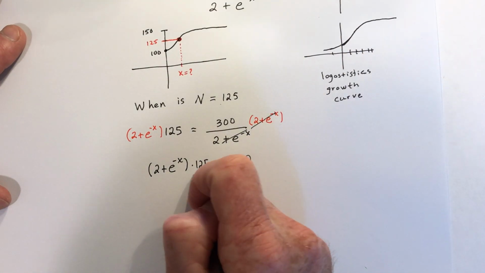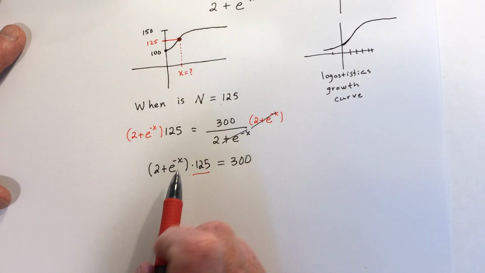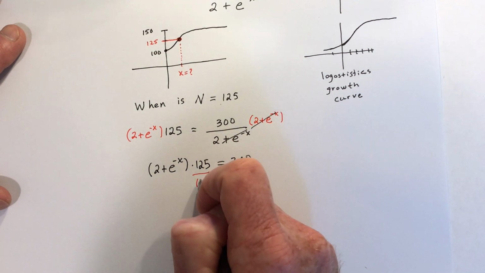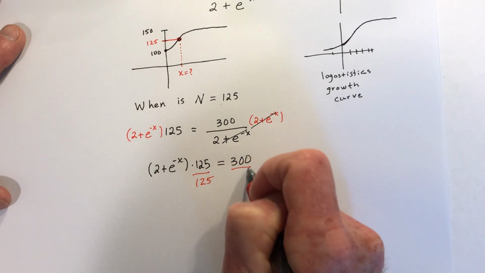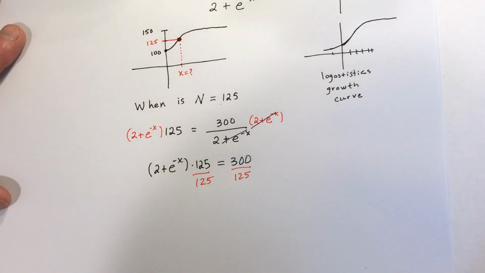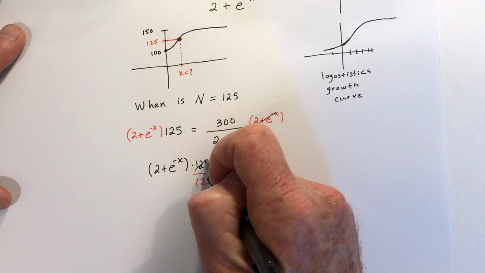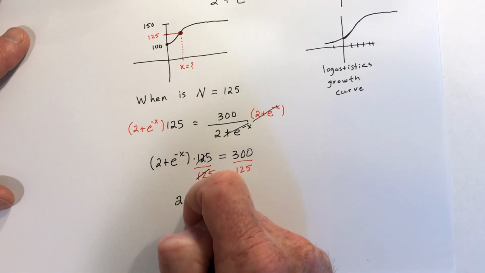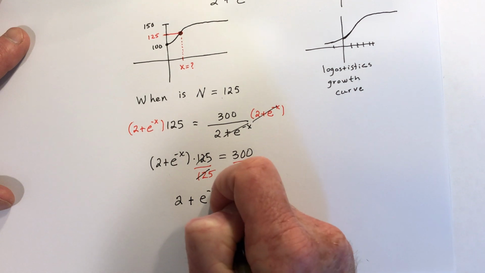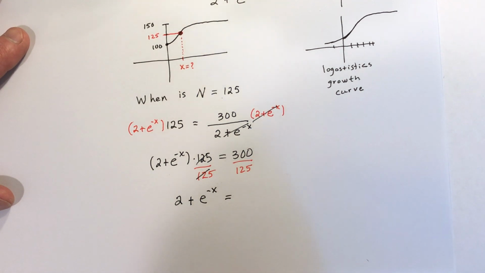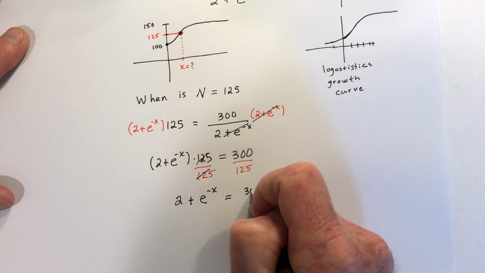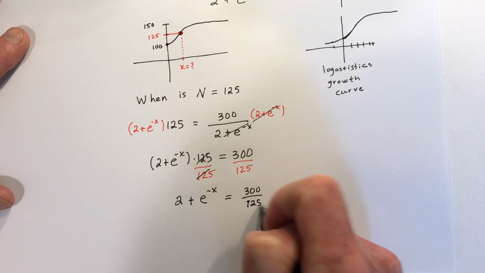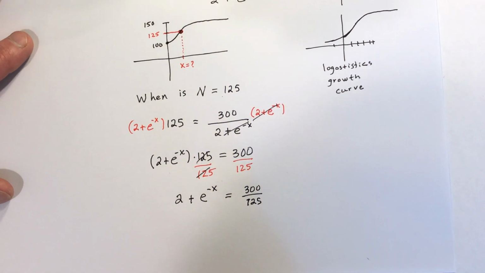And next I'm going to divide both sides by 125. Eventually I'm going to get to this x, but I need to get rid of these things on the outside first. So divide by 125, divide by 125. Once these cancel, then on this side I don't need parentheses anymore. 2 plus e to the negative x equals, and then I'm just going to leave this because eventually I'm going to type it in the calculator, so I might as well leave this alone and not even reduce it, just leave it like that.